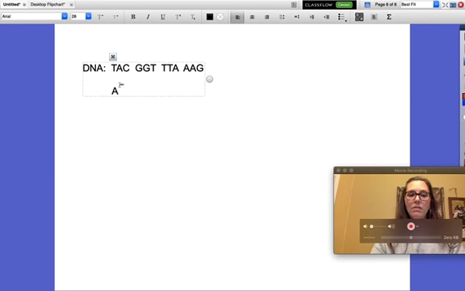And then A pairs with T, and C is going to pair with G. And then G, G, T, well, that's going to be C, C, A. And then T, T, A would be A, A, T. And A, A, G would pair with T, T, C.